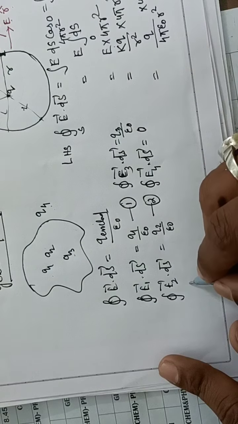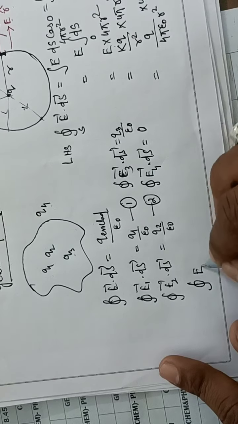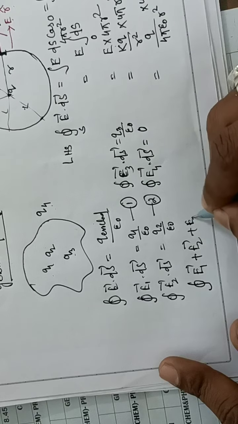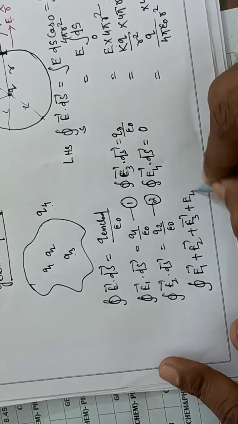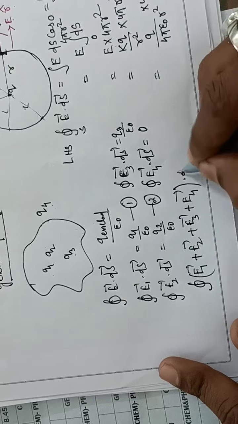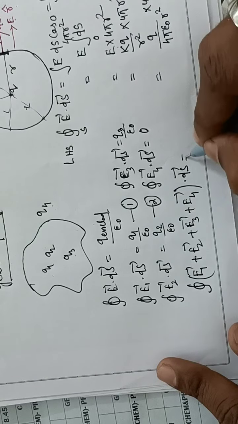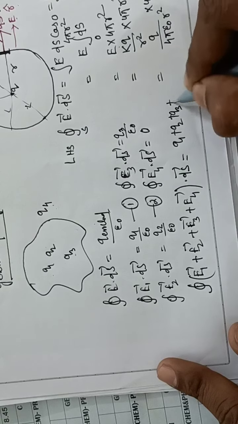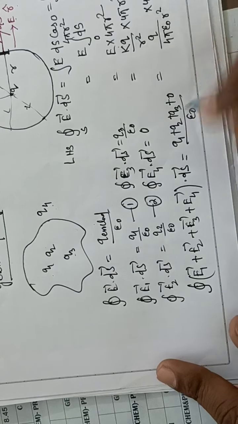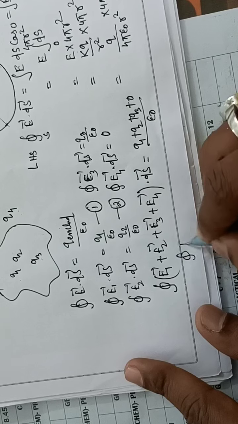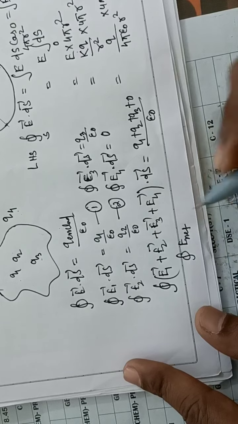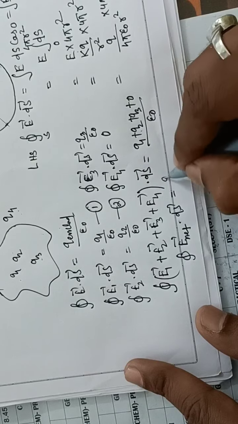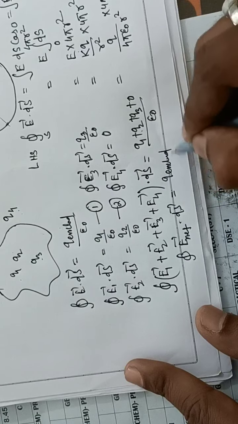If I write my total electric field, this is E1 vector plus E2 vector plus E3 vector plus E4 vector dot ds, which is q1 plus q2 plus q3 plus 0 upon epsilon naught. In a similar fashion, the net electric field dot ds equals the amount of charge enclosed, q enclosed upon epsilon naught.